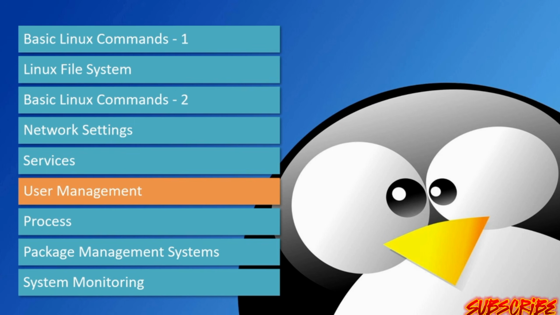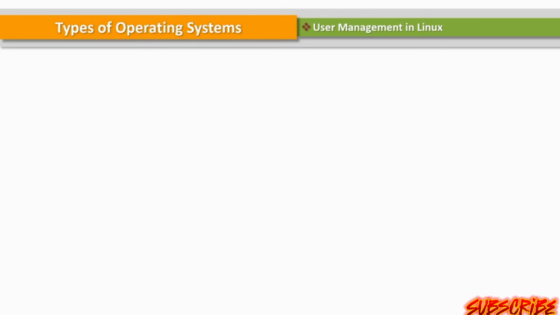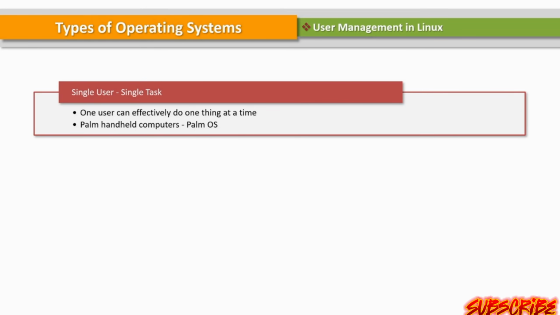Now, a user is an entity in a Linux operating system that can manipulate files and perform several other operations. Each user is assigned an ID that is unique for each user in the operating system. Single user, single task.